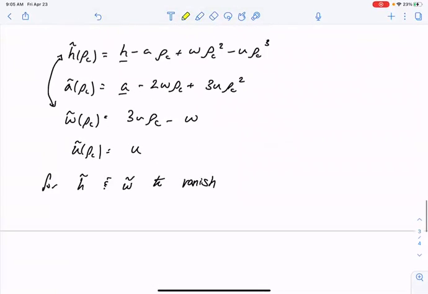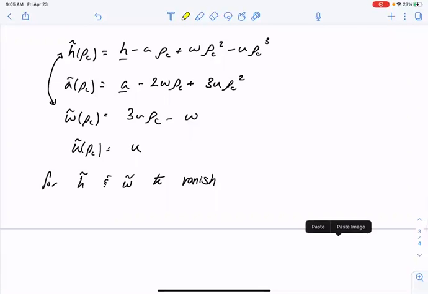So what is required to do that is that H must equal a rho c plus w rho c squared plus u rho c cubed.